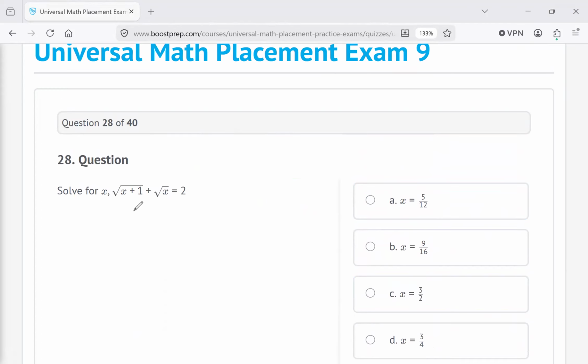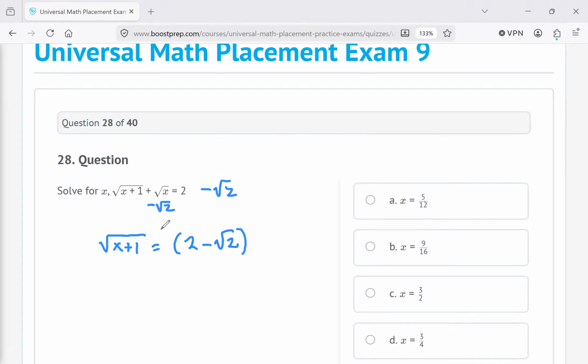Question 28. We have to solve for x. What I could do is subtract radical x from both sides. So you get radical x plus 1 equals 2 minus radical 2.